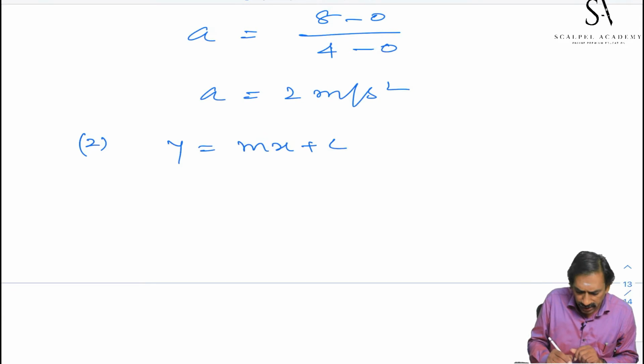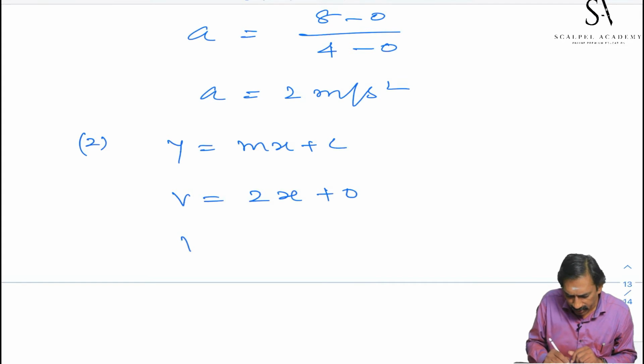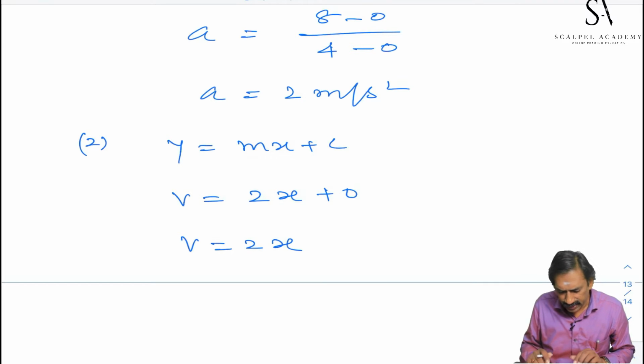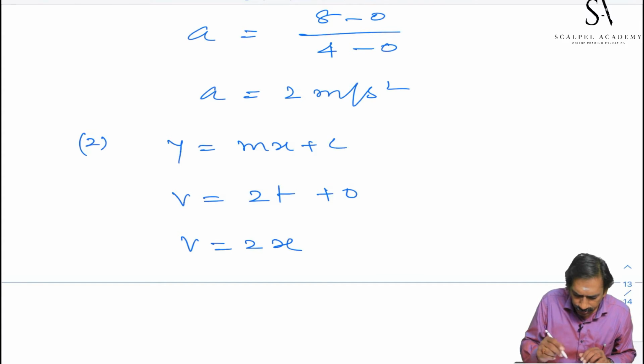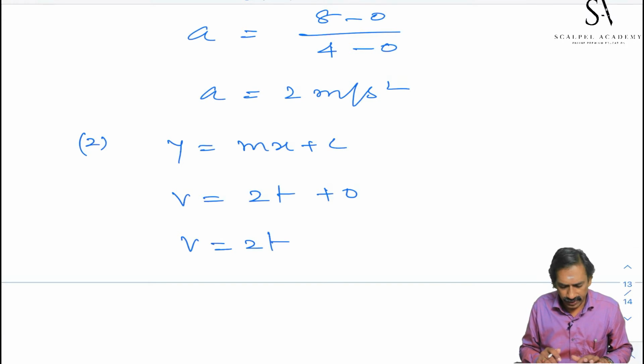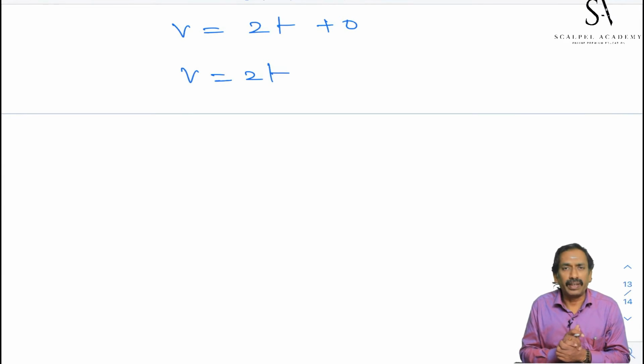For y, we mention velocity, slope is acceleration, 2x plus 0. So velocity is equal to 2x. On the x axis we mentioned the time, t. V is equal to 2t. This is the velocity as a function of time.